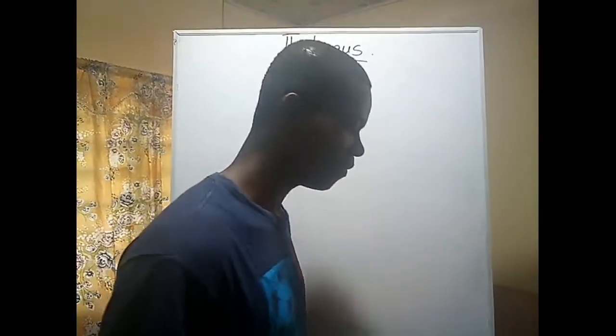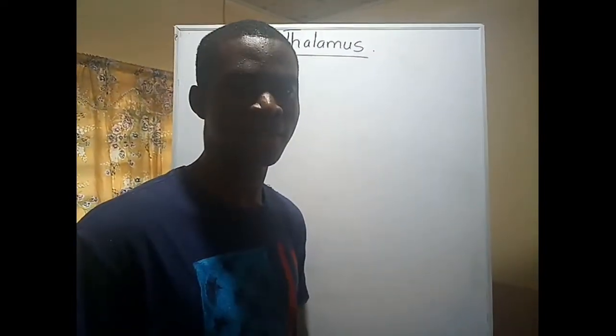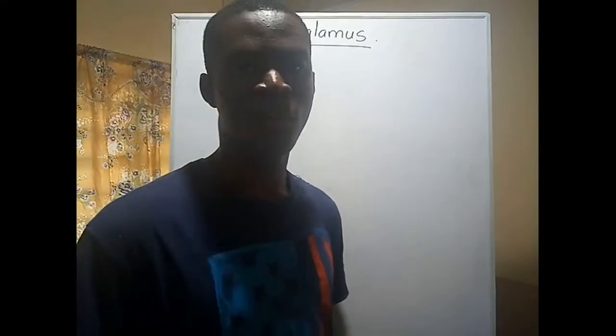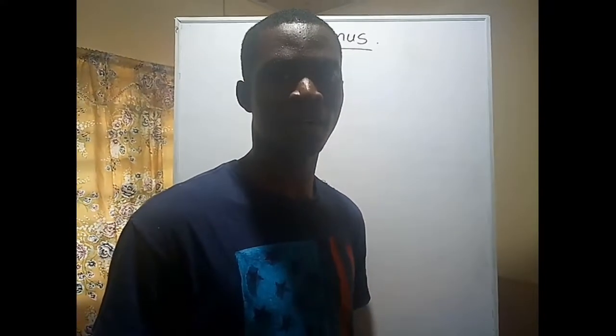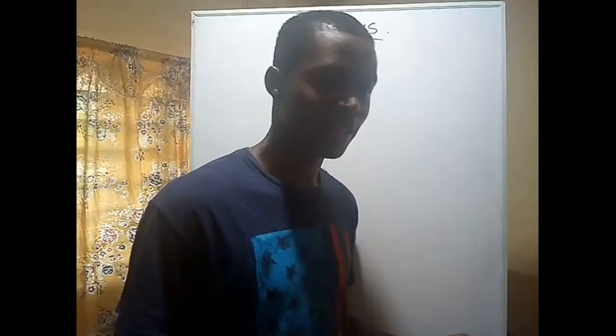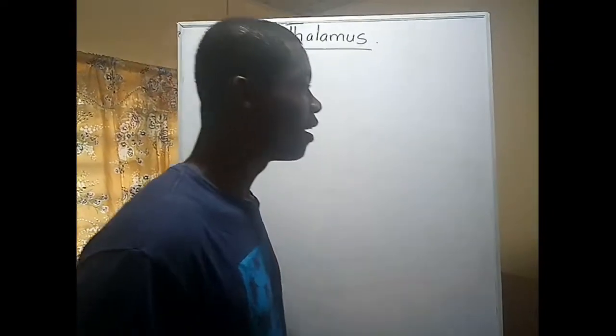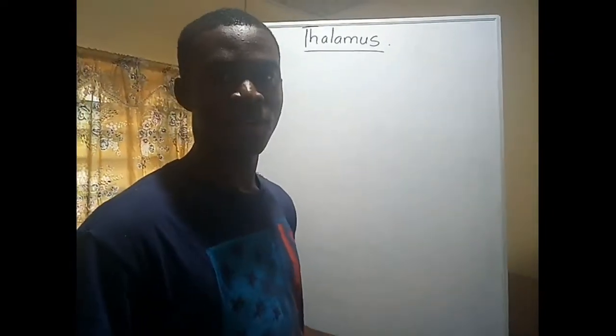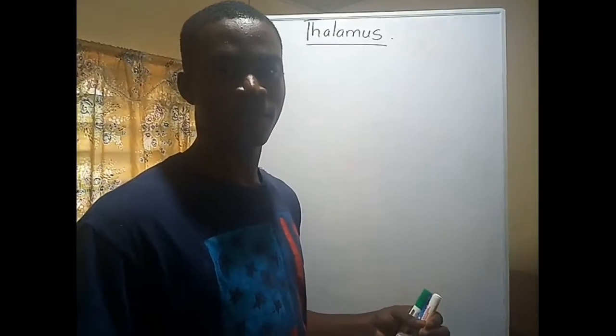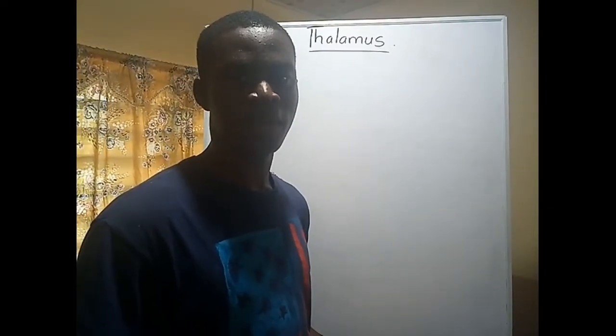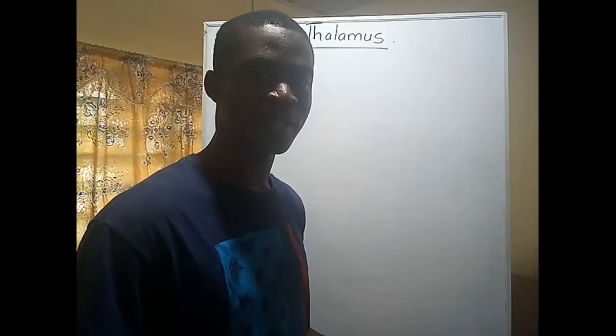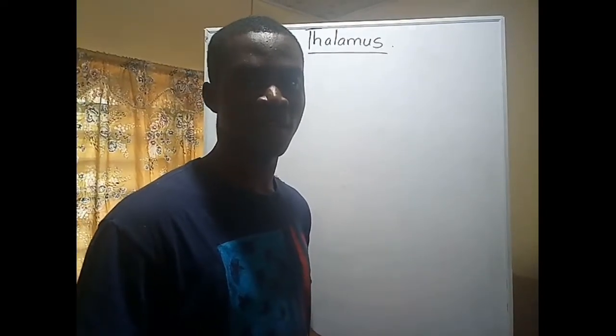Now, when we talk about the thalamus, it is a structure that develops from the prosencephalon. We know that in the development of the brain, the neural tube develops into three primary structures: the prosencephalon, the mesencephalon, and then the rhombencephalon.